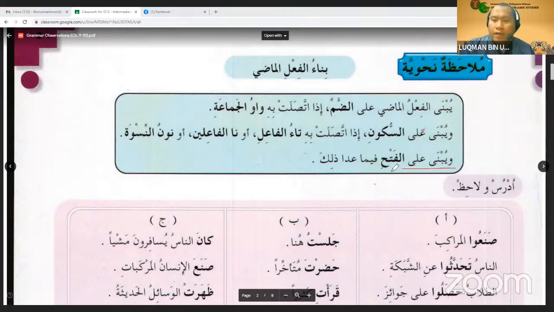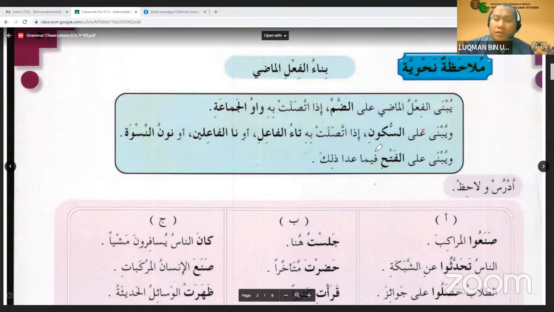Wa yubna 'ala al-fathi fima 'ada dhalik, and it becomes fixed with fatha outside all of these cases.